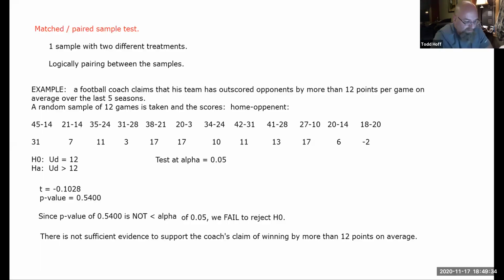We need to talk a little bit about proportions. Sorry, about the tests for the difference between 2 proportions.